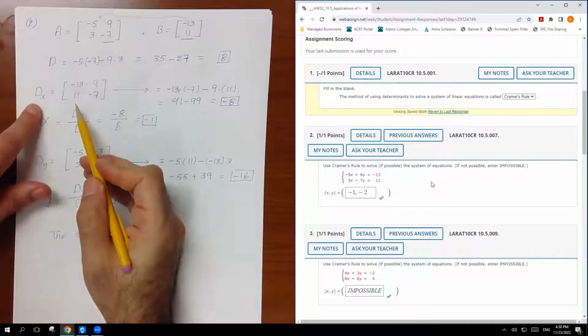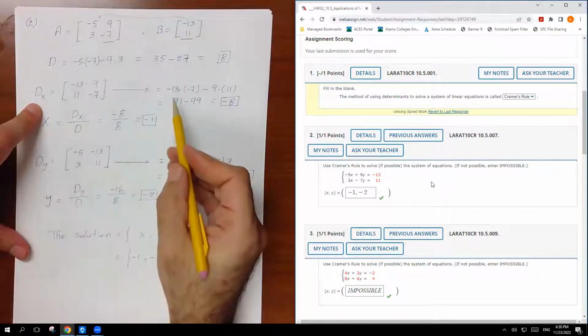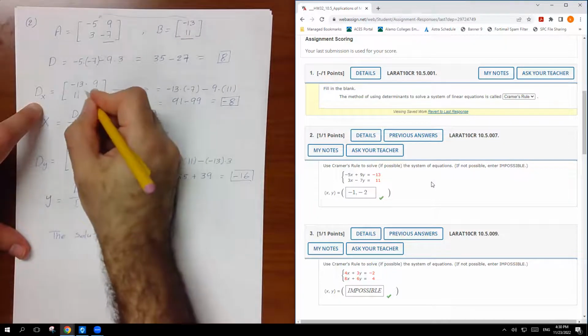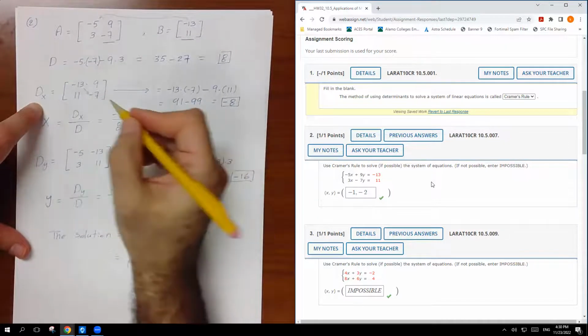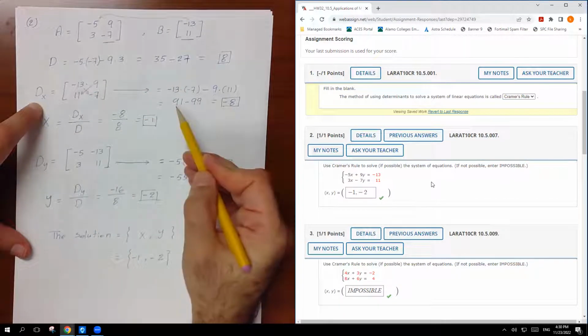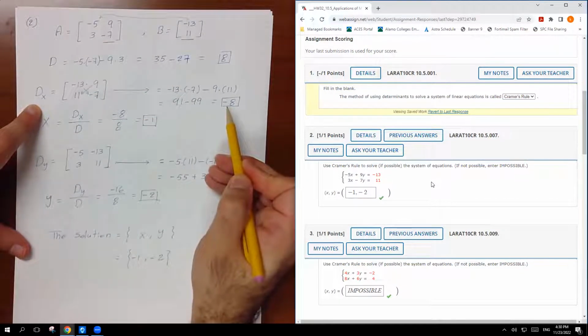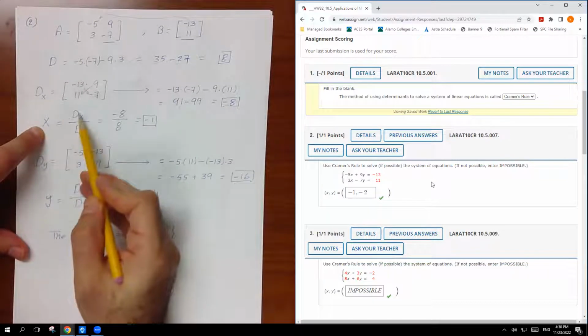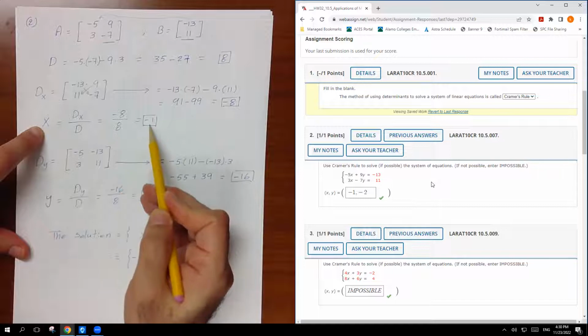It's going to be Dx. The determinant for this one is -13 times -7 minus 9 times 11. So it's going to be -8. That means x is going to be dx divided by d, which is -8 divided by 8, so -1.